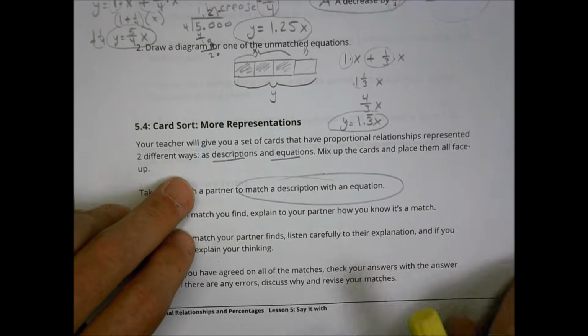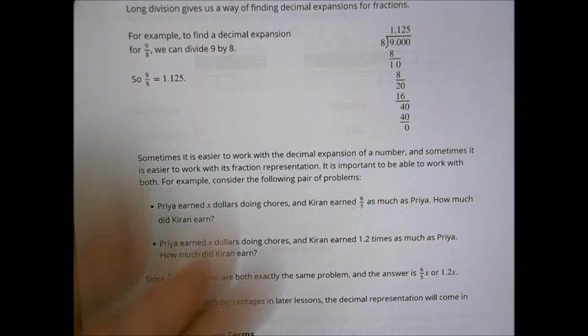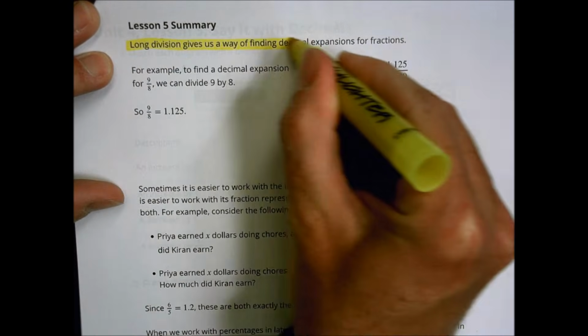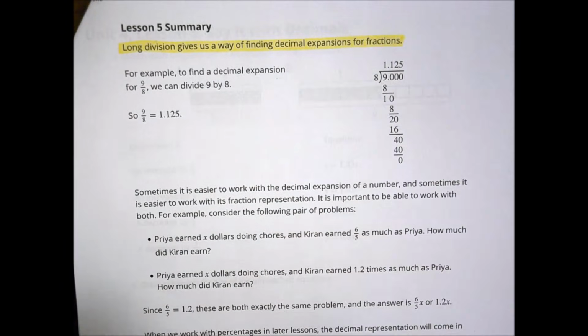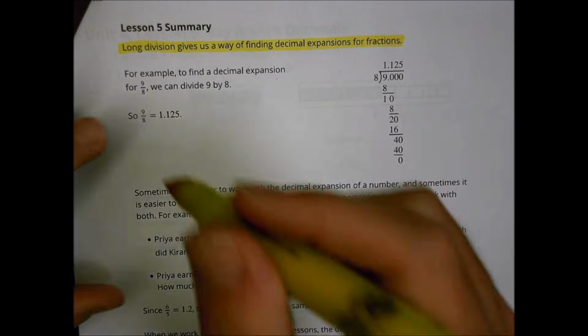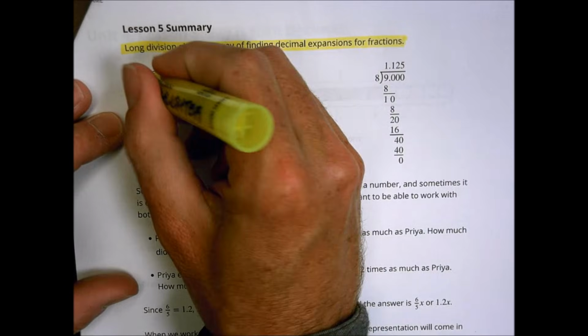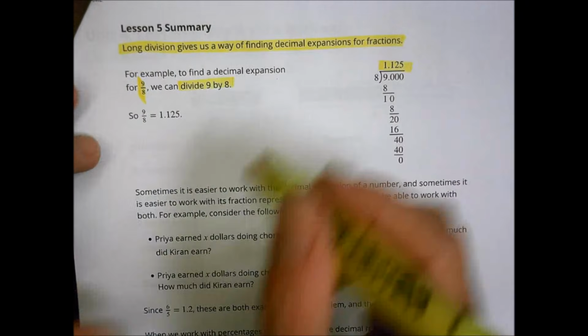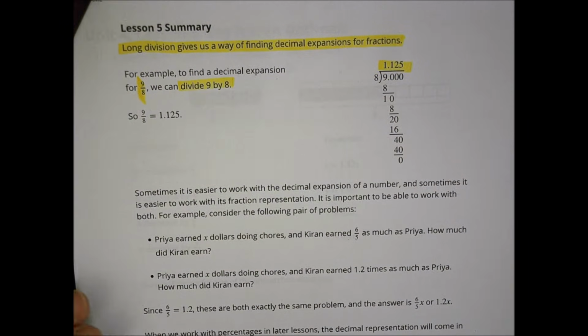And I'm going to summarize this up and move on to the homework. So today's lesson here, long division gives us a way of finding decimal expressions for fractions. So just something we just need to know. Sometimes we're going to have a fraction, 9/8, and if we have that fraction 9/8, we can divide it, and by dividing it, we end up with a decimal equivalent of that fraction right there.